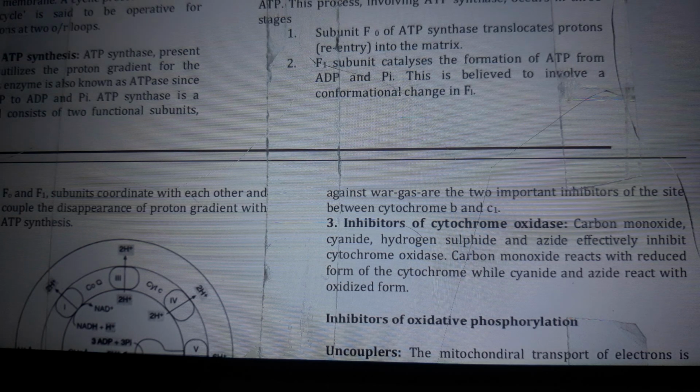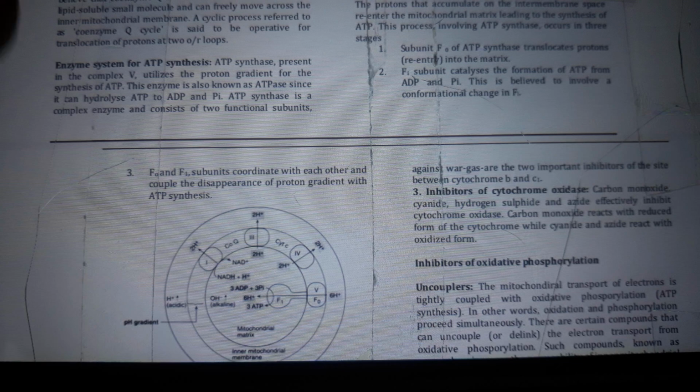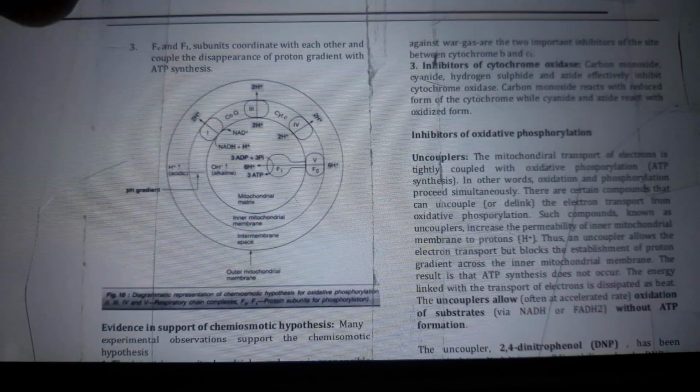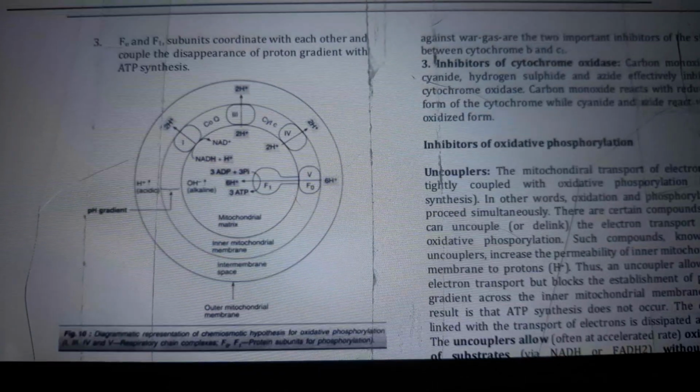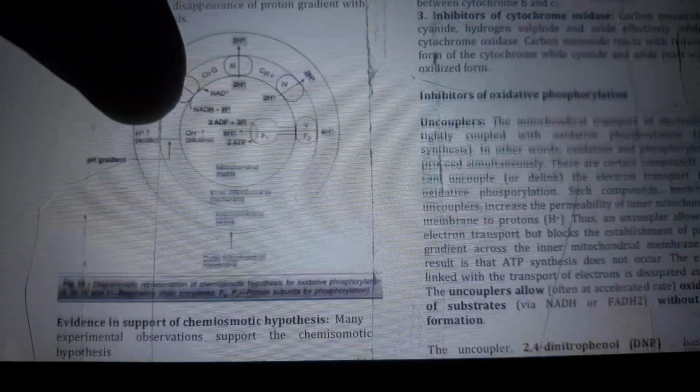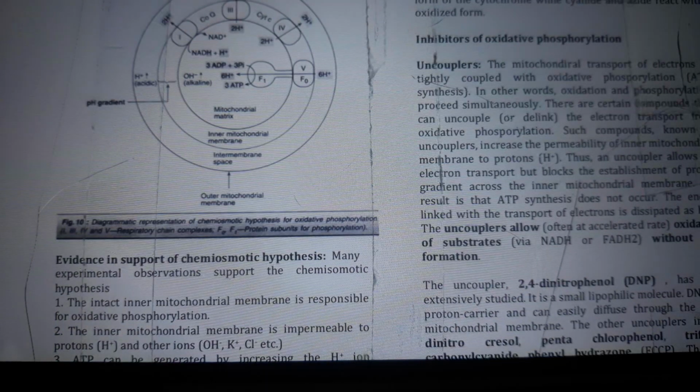This is believed to involve a conformational change in F0 and F1. Go to the next page. F0 and F1 subunits coordinate with each other and couple the disappearance of proton gradients with ATP synthesis. That's a diagram for that.